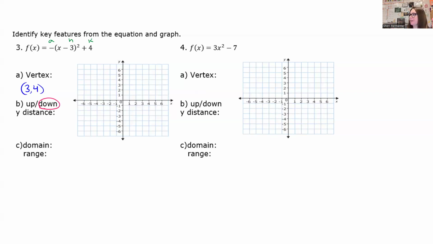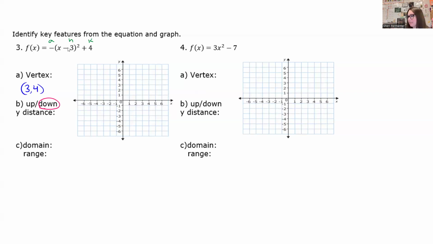And the way we're going to figure out how far up or down we go every time we move over one and then another one and then another one: no, it's opposite. Anything going into the parentheses is opposite. Only the H value is always opposite.